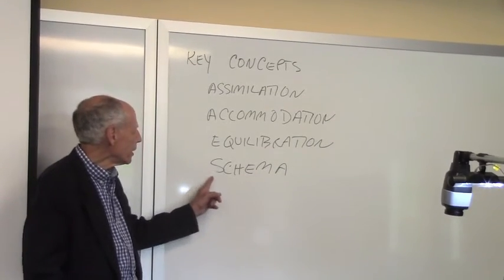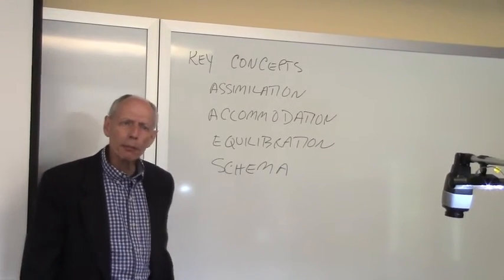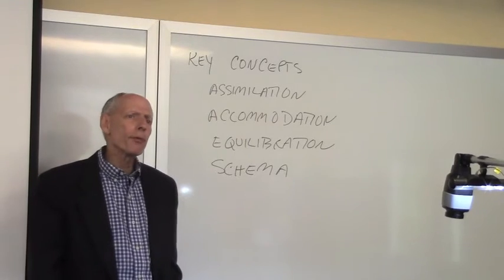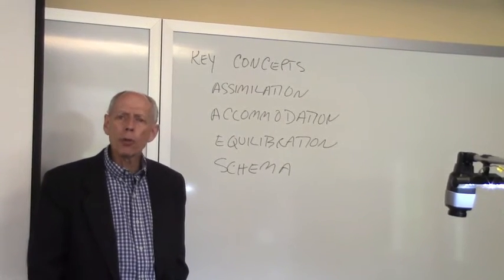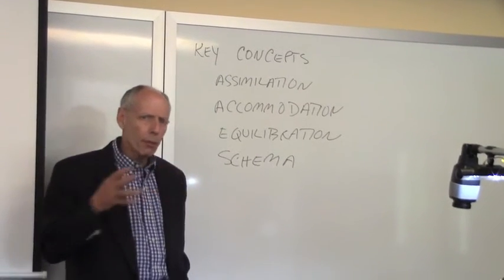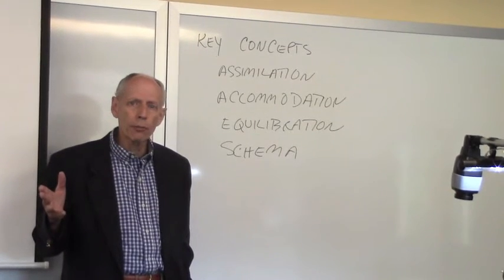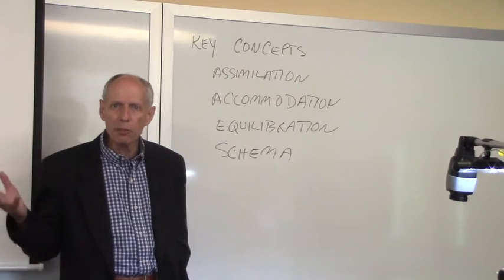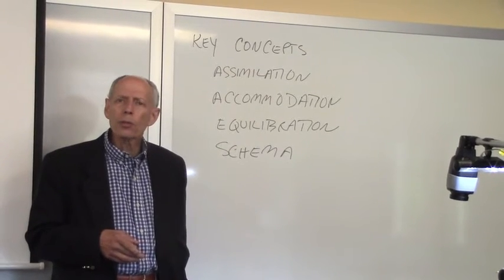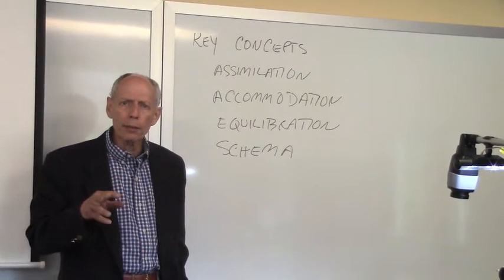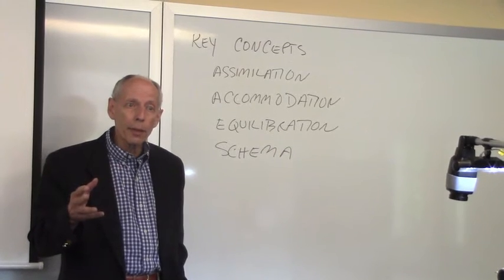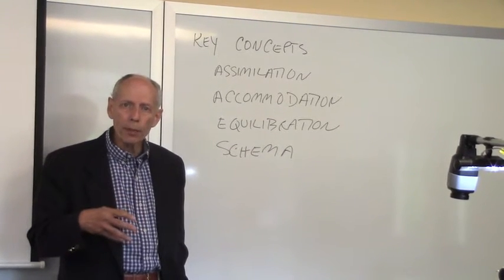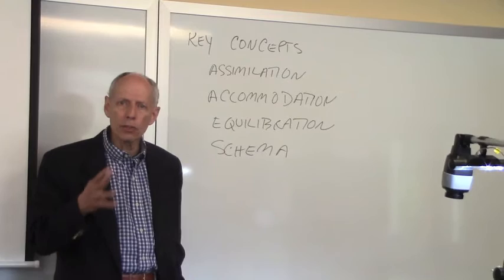There's one more key concept that Piaget invented. His notion of those concepts, the many of them that we have, by which we make sense of the world, he called schema. We could call them schemes today. In other words, a way of constructing, describing, reasoning from a conception of how things are.